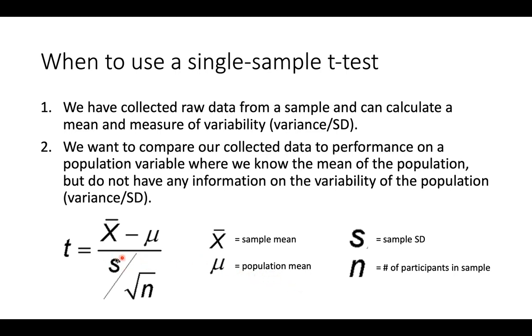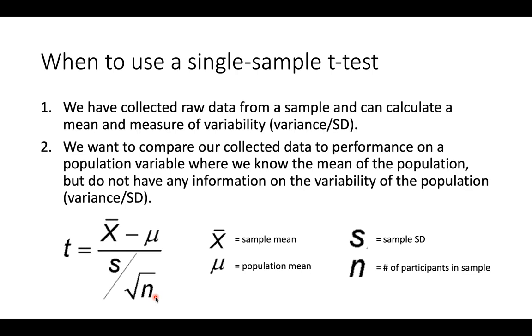We're taking the information on variability that we have, which comes from our sample, and using the sample size to estimate how much variability we should be expecting at the population level. Because the question we want to answer is, does our group, our X bar, our sample, differ from the population more than we would expect by chance?